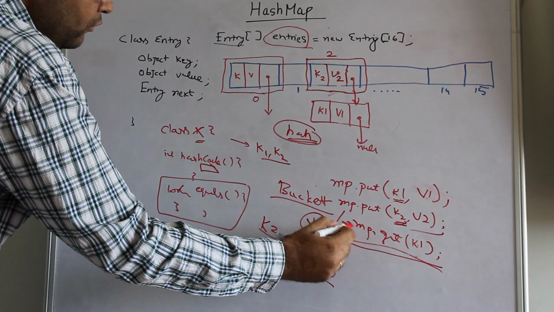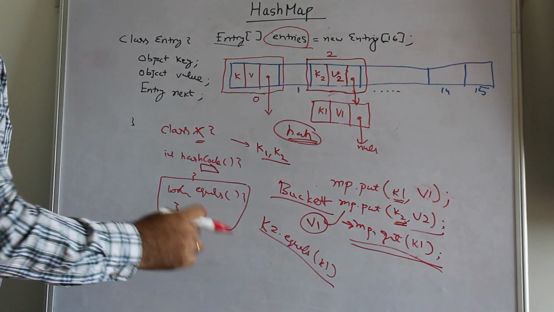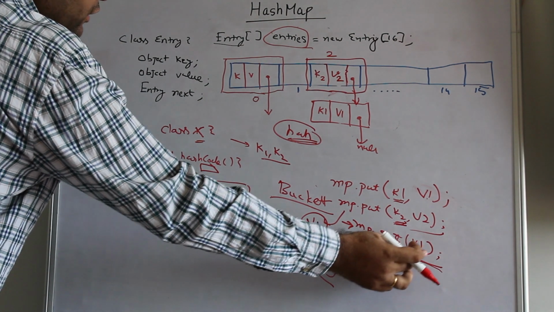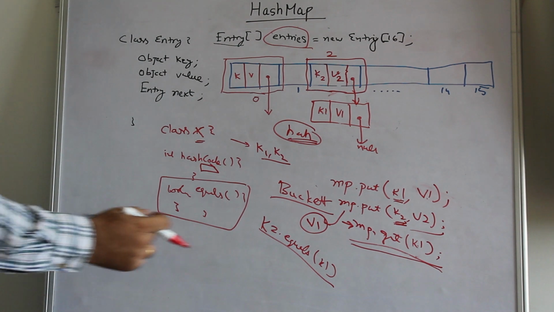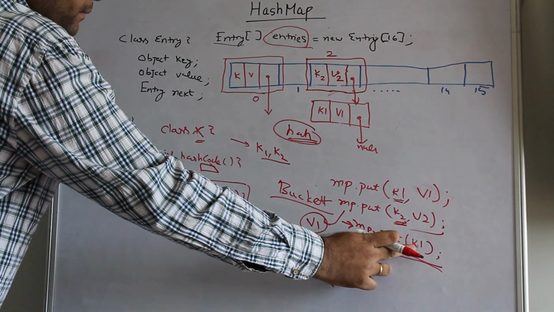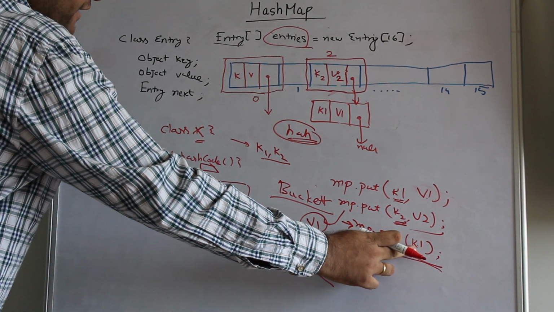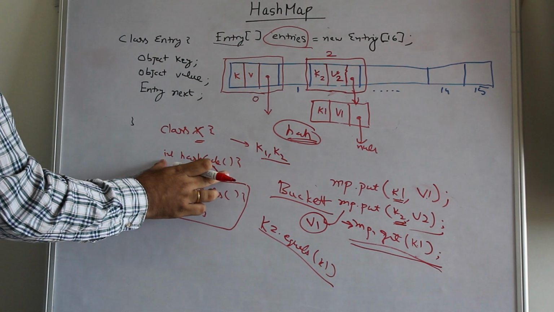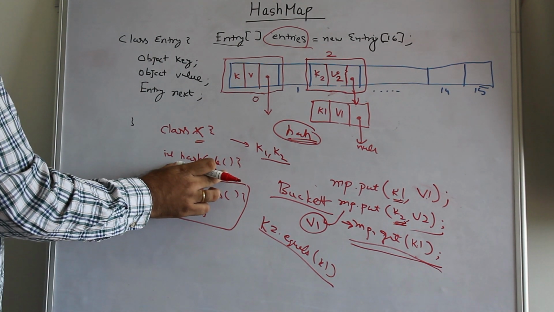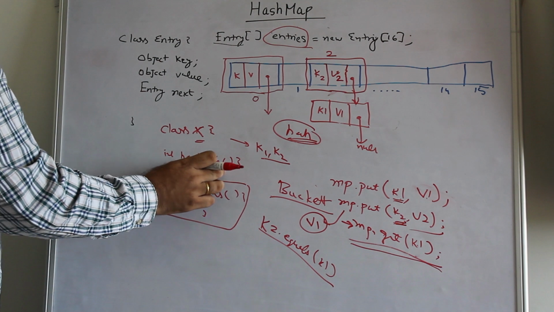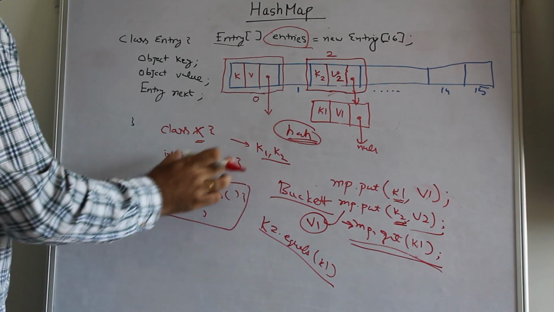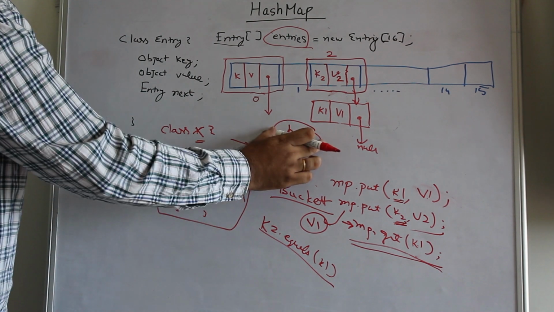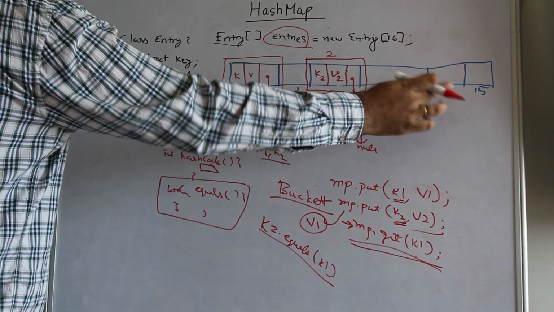First of all, the hashCode method will be called on k1 and it will return some hash code value. After that, the hash map's hash function will be called on top of this hash code to return an index between 0 and 15.